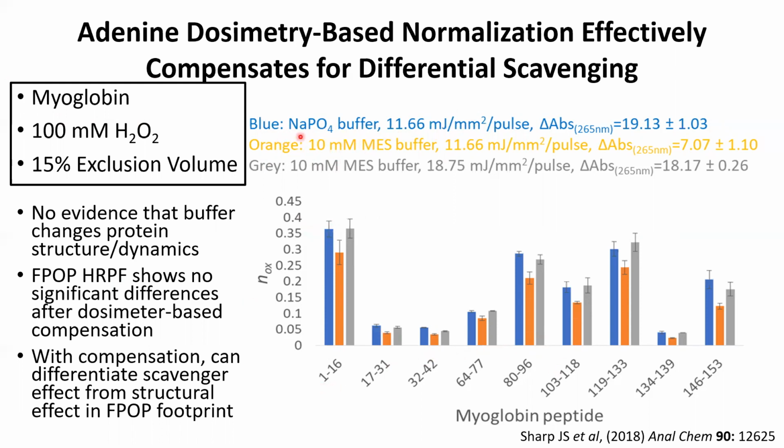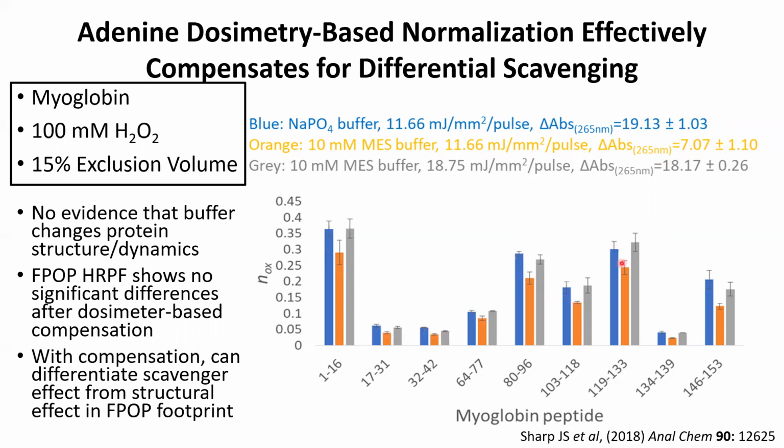Now, if we then change the 10 millimolar sodium phosphate buffer to 10 millimolar MES buffer, which is an organic buffer, a radical scavenger, we perform the experiment under the same optical conditions. We get very different readouts from our adenine dosimetry. The adenine dosimetry goes from a delta absorbance of 19 to a delta absorbance of 7. And what you see in the footprint is a noticeable reduction in oxidation for every peptide.